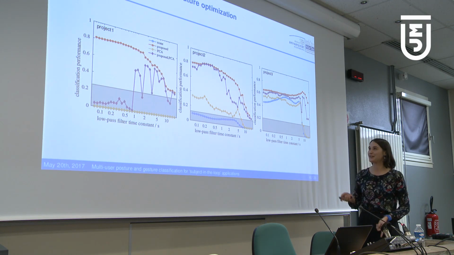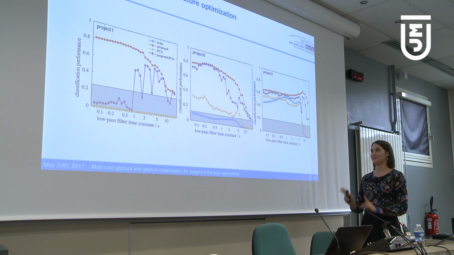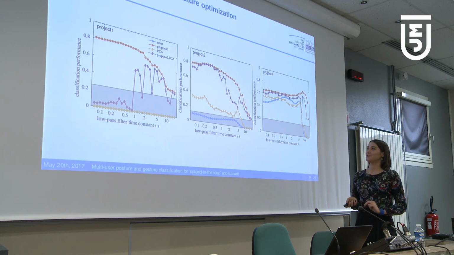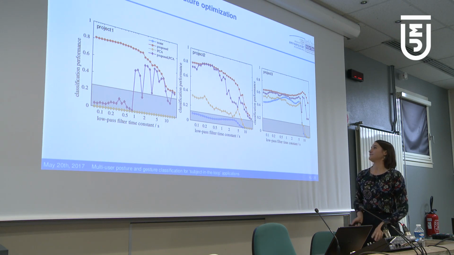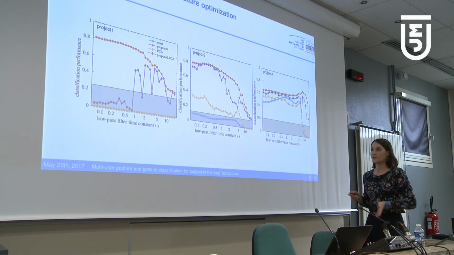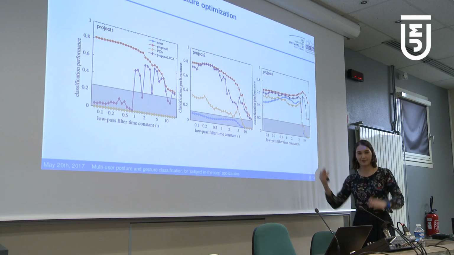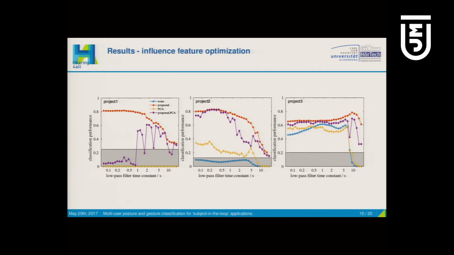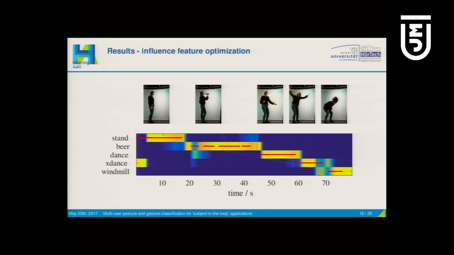I didn't mention, it's called the naive Bayesian assumption if we assume independent features. And for each project it's also different, because the pace of the changes of the postures is different for each project.